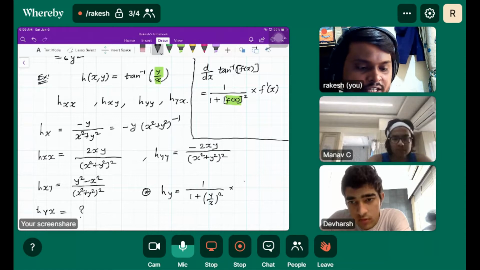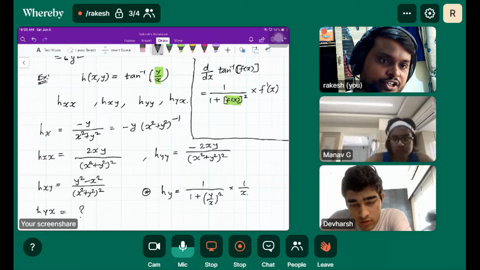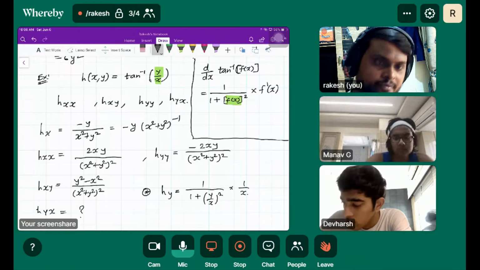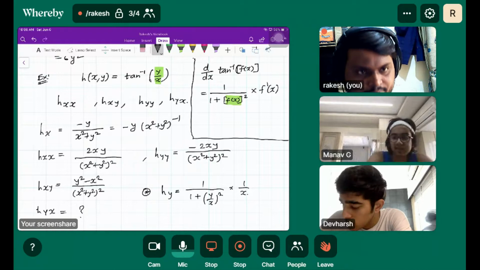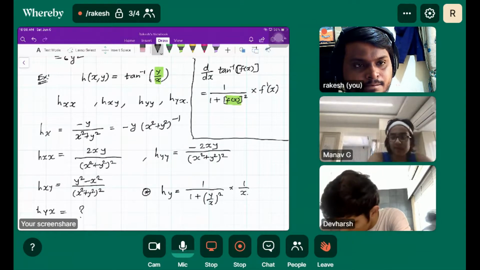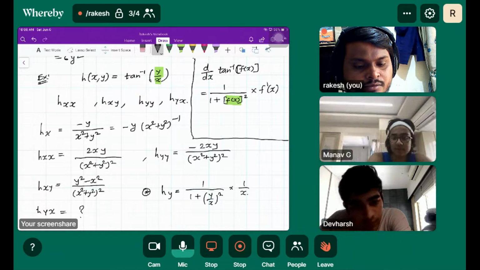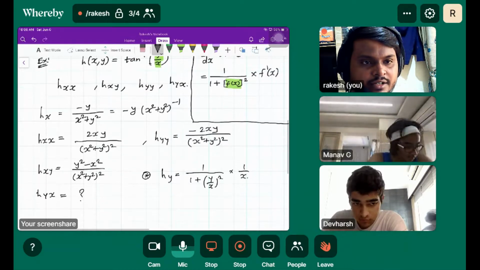So that is 1 over x, because 1 over x is a constant, into the derivative of y, which is 1 with respect to y. The same thing applies for hx also, right? Yes. In that case, we don't consider y. No, we consider y.